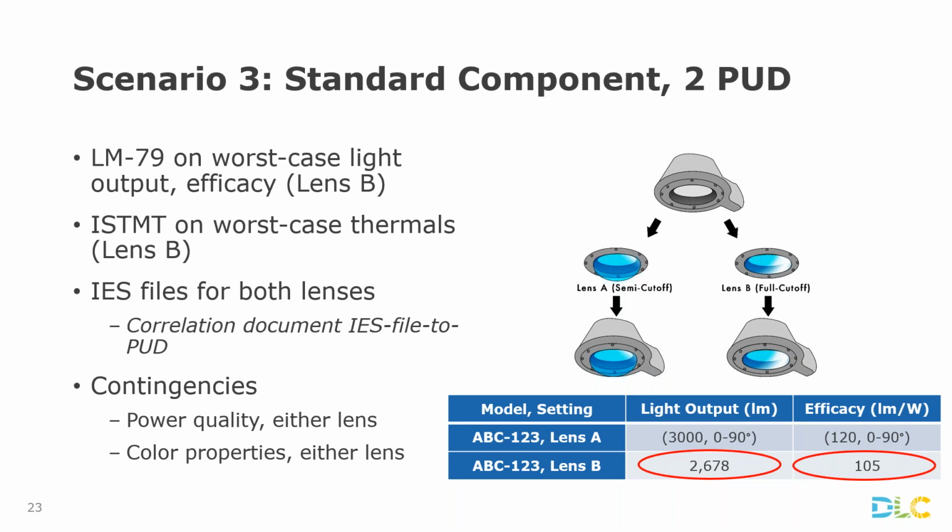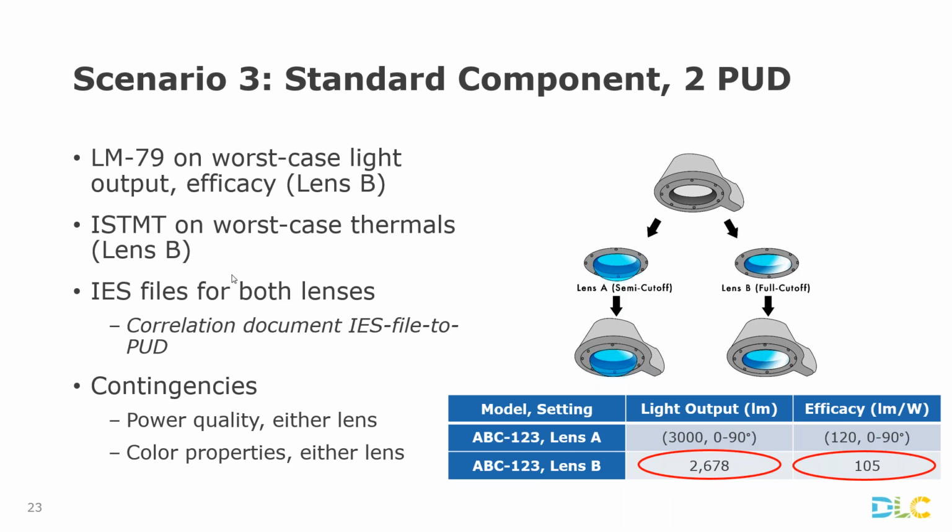If the LM79 and IES-TM30 formal testing here don't include the power quality or information that can come from electrical tests otherwise, and if the color properties are done via an LM79 with a different lens installed, it is acceptable to take the color information from that other configuration. It doesn't have to be exactly the same configuration as was done for light output, efficacy or wattage.